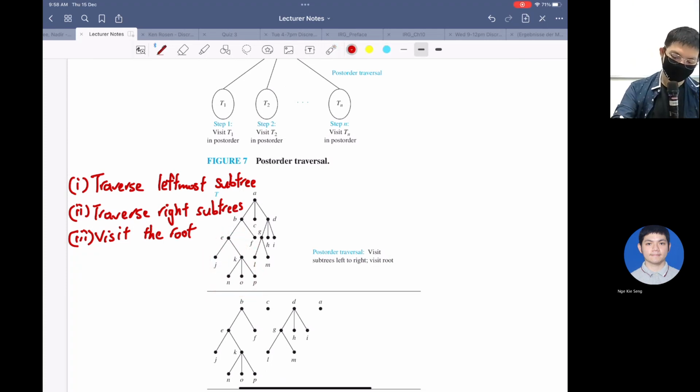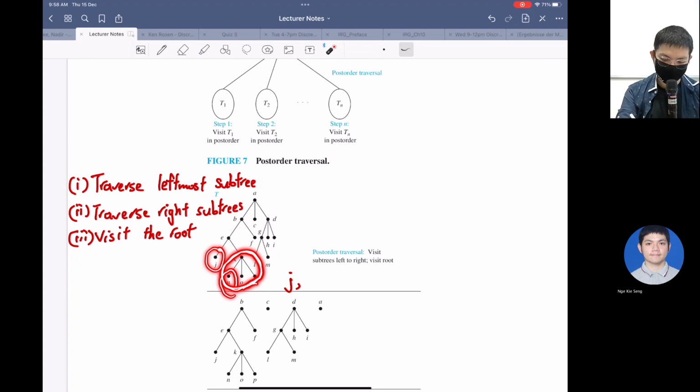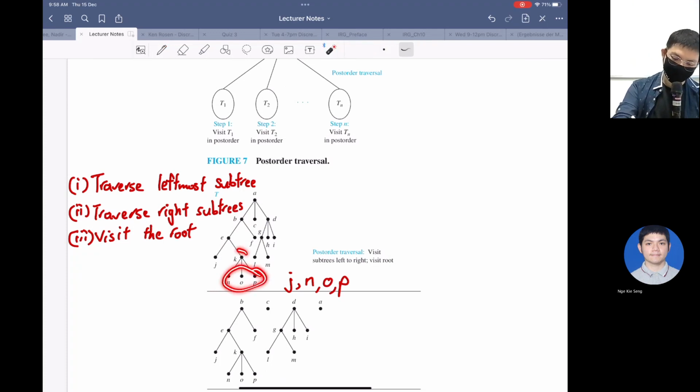So you start with J again. After you traverse the leftmost subtree, you need to traverse the right subtree. But to traverse the right subtree, you need to traverse the leftmost subtree. And then traverse the right subtree. Only then you go back to visit your root.